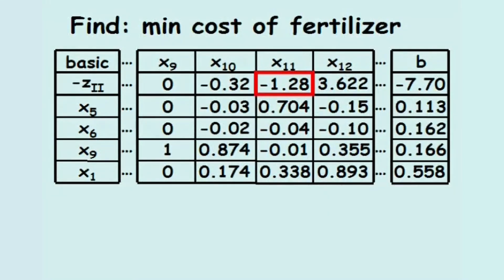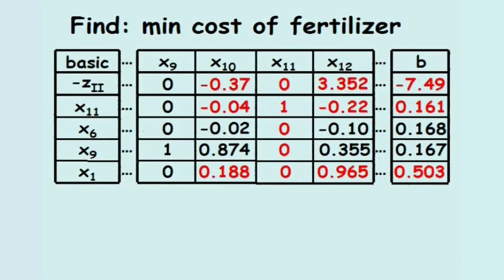Next, variable x11, which represents ammonium nitrate, will enter the fertilizer mix in place of variable x5, which represents urea. After pivoting about variable x11, the tableau is updated and our mixture cost reduced from $7.70 per cubic yard to $7.49 per cubic yard.